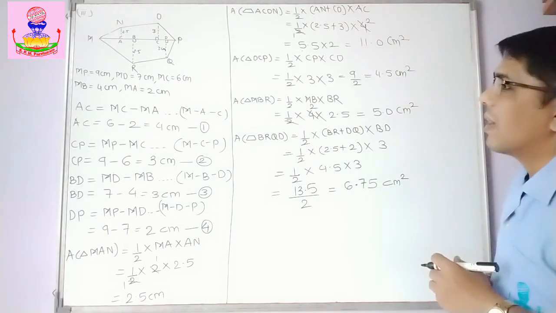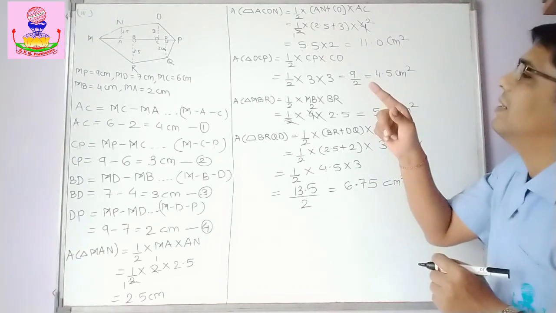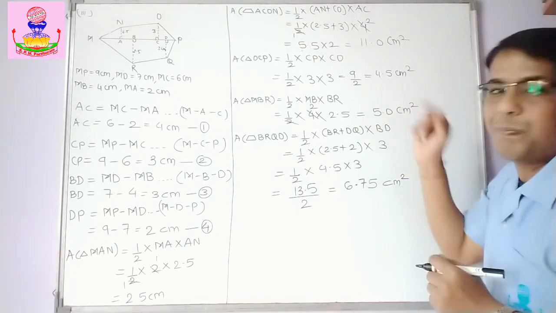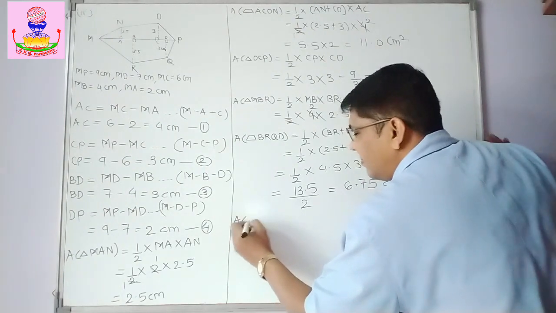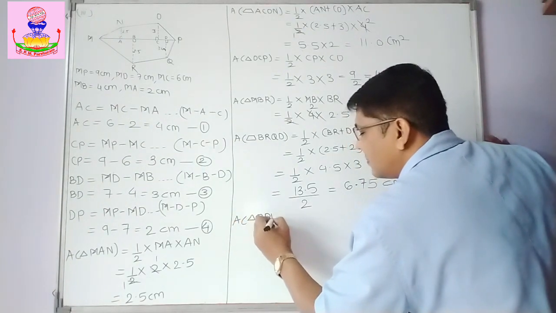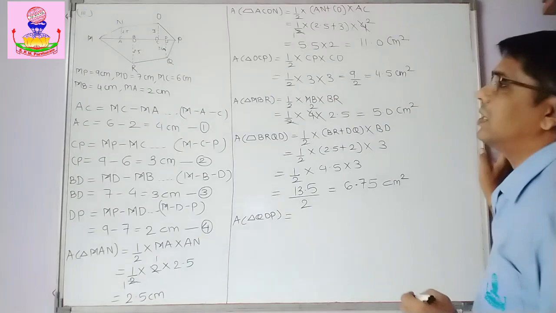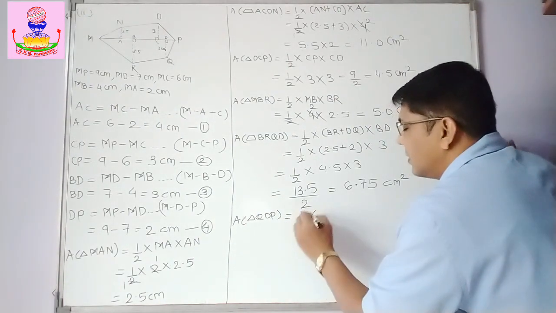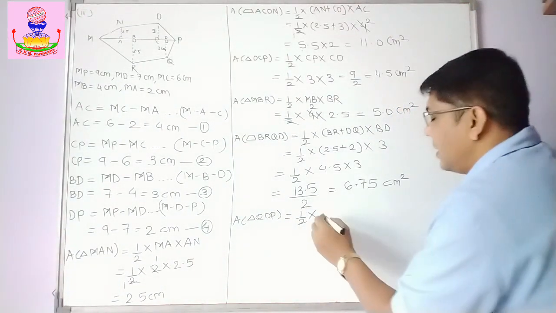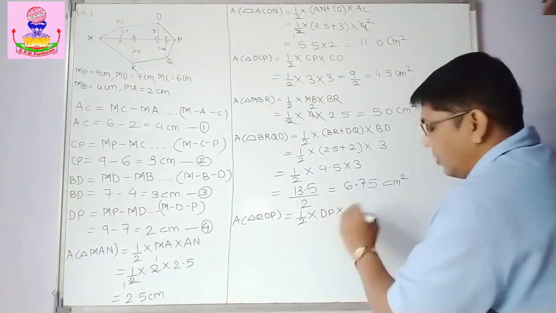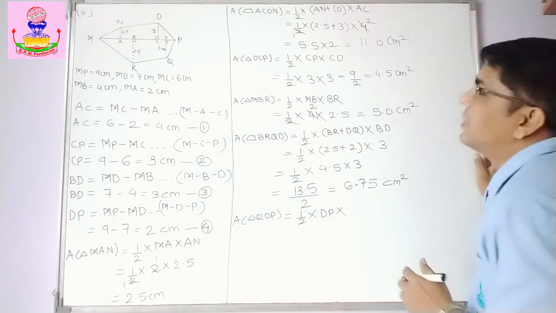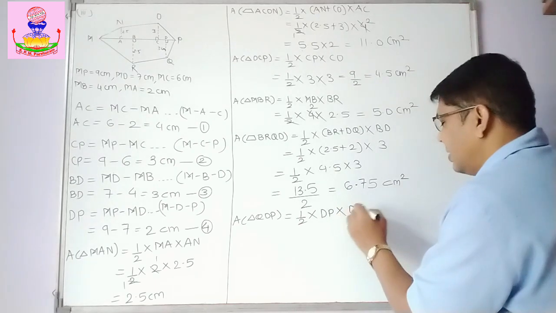Right. Now what is that? Area of triangle QDP. So that is equivalent to half into DP into DQ.